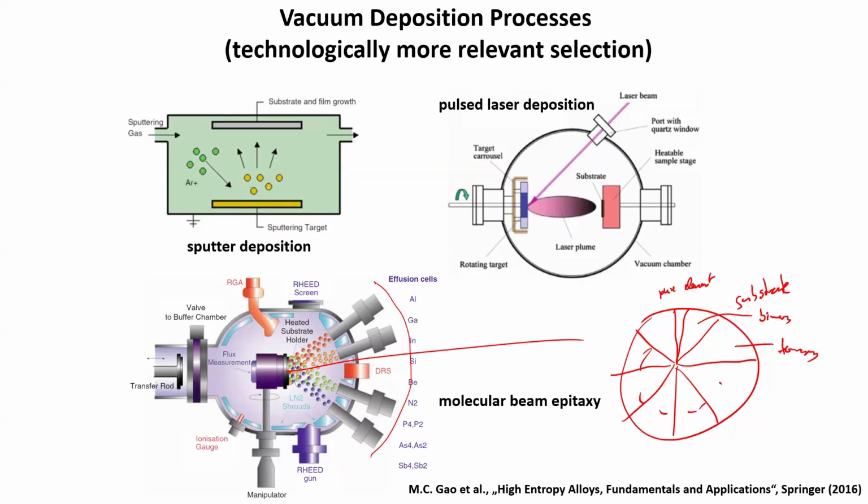Now you can use maybe some automatic transfer, not even breaking the vacuum, putting it into an X-ray machine with a microfocus X-ray device, which can only measure in certain regions. So you can get structural information over the whole range of compositions in an automated way. And then it gets more complicated.